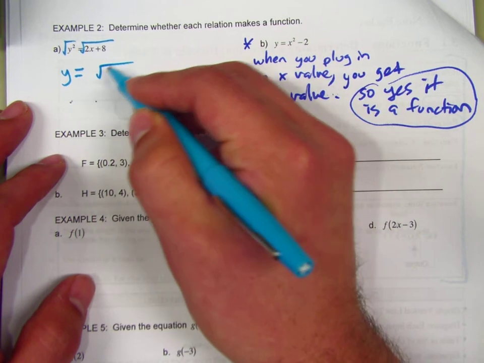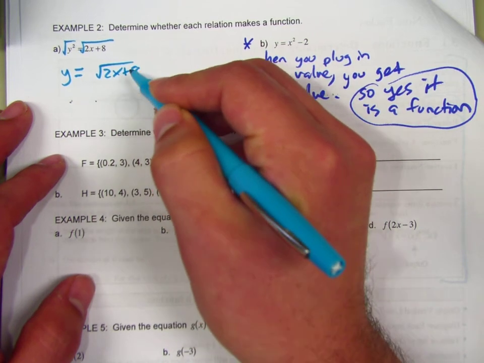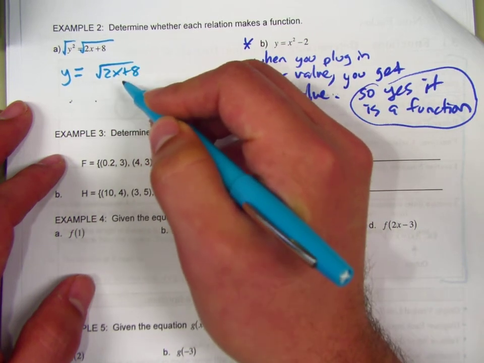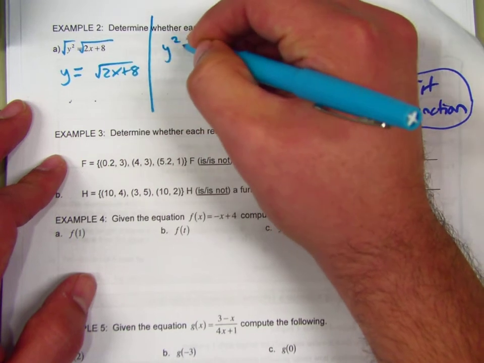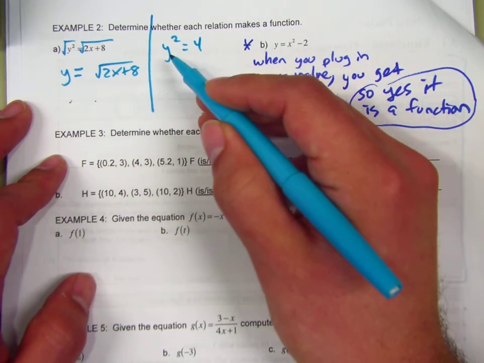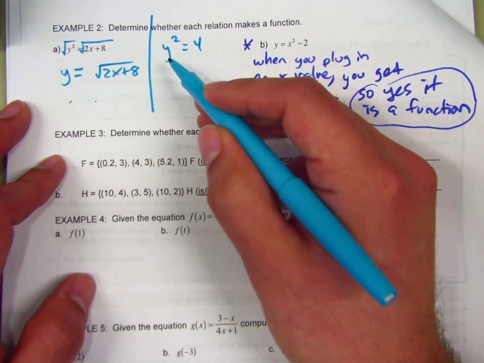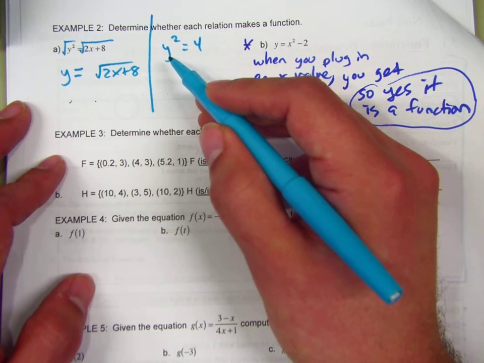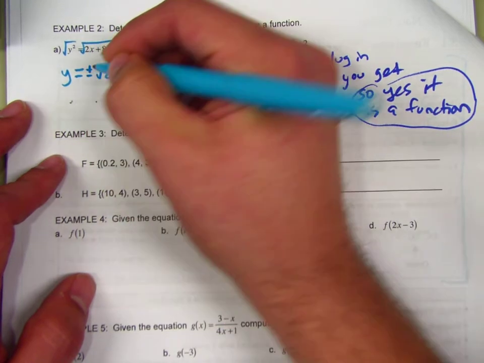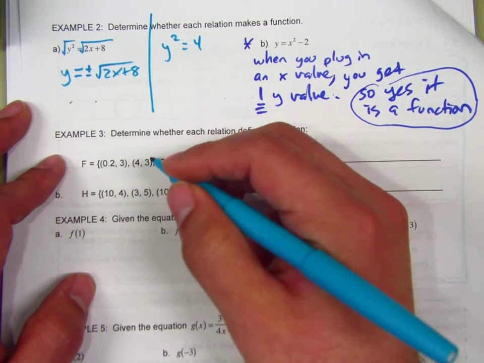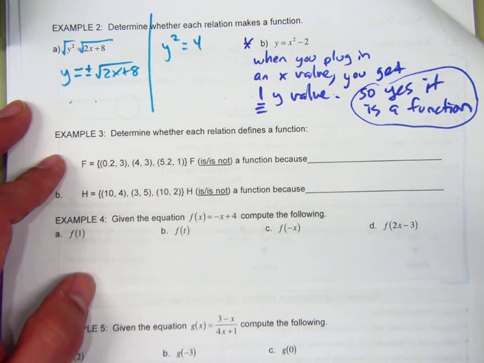Do you just get root 2x plus 8? What if I said this? What's y here? 2. Just 2? Oh, negative 2. Plus or minus 2. Both of those, when squared, equal 4, right? Does this sound familiar that when you square root both sides of an equation, you get plus or minus the root? Does that make sense?